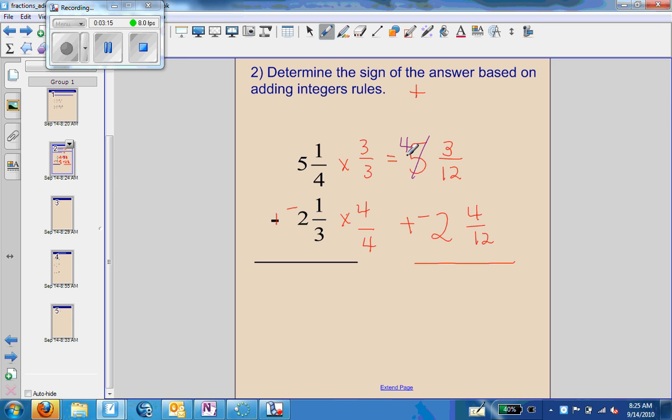So I end up with 4, and I'm going to add 12 over 12 to my top fraction, so I end up with 15/12. And 15/12 minus 4/12 is going to be 11/12. And 4 minus 2 is going to be 2, and I'm going to double check the sign, which should be positive. So my answer is 2 and 11/12.